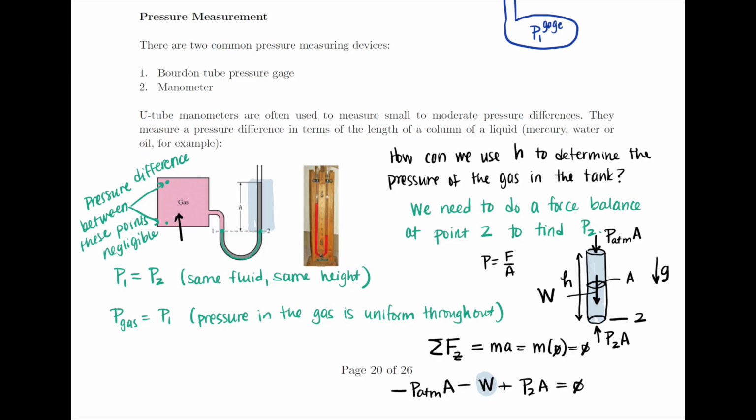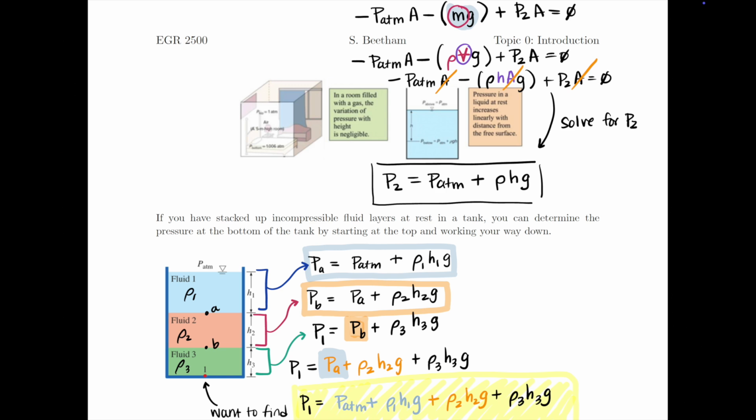All right, I want to do a little bit more work with this weight. What's another way that I could write the weight using the density of the fluid? Any ideas? So weight is mass times gravity. So I have mg. How can I write mass using density?